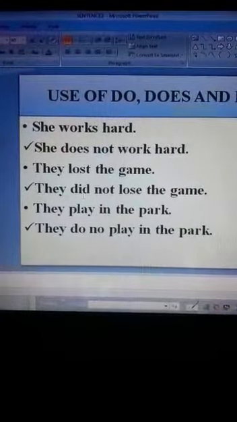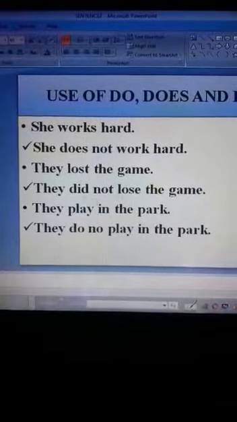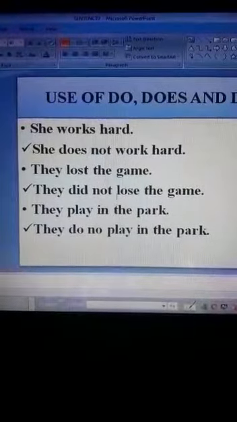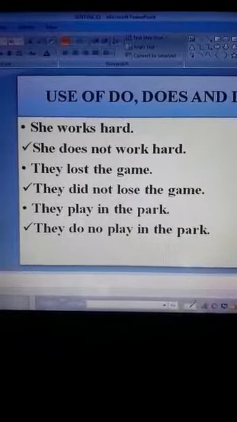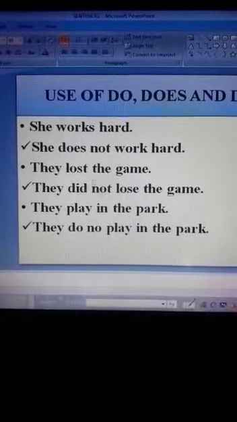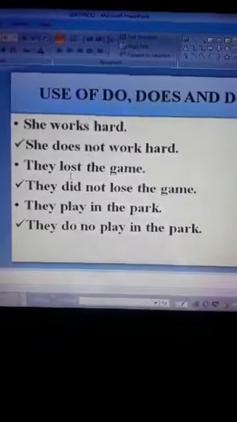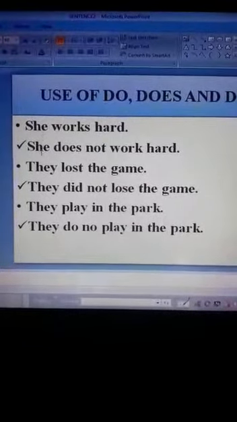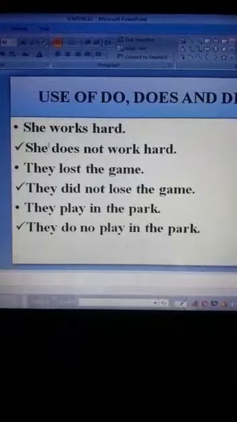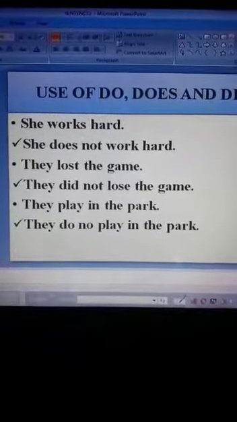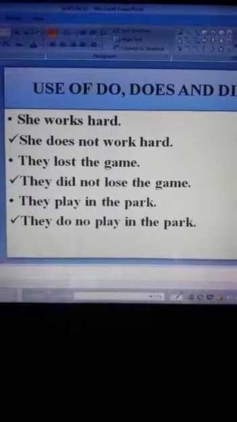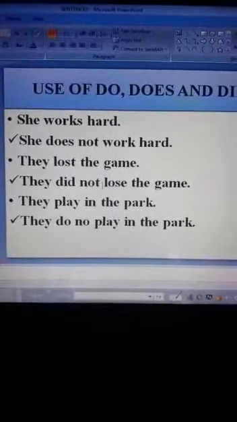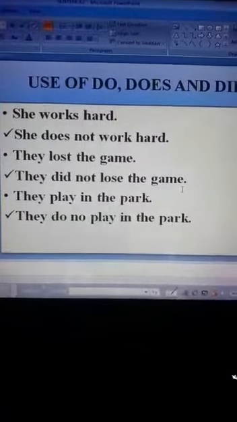They did. As usual, we have to add not here because we are converting positive to negative. So they did not. What is the first form of lost? Lose. I told you when we convert positive to negative, especially where we do not have the helping verb, the first form of the verb will be there. So: They did not lose the game.